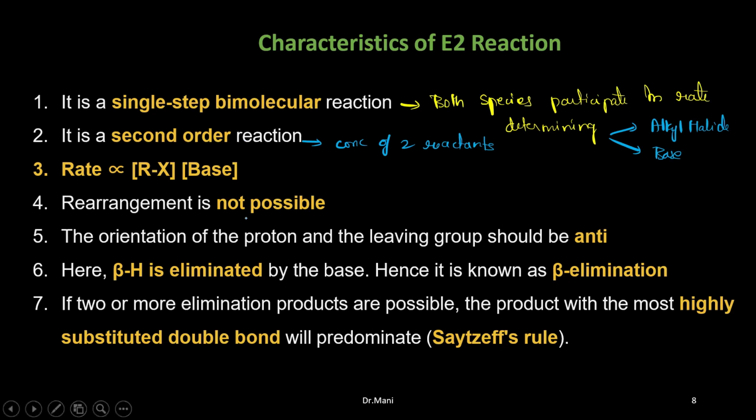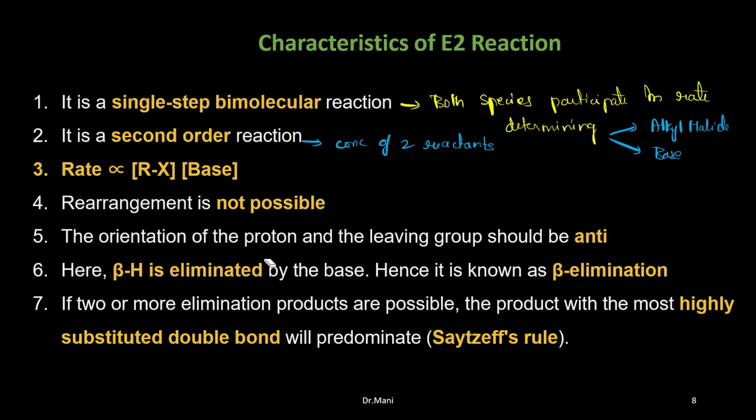We saw in substitution reactions there's inversion and so on, but here no rearrangement is happening. Unlike some other reactions, where to form the tertiary, they shuffle the methyl group or hydride group, that rearrangement is not possible here. They will not undergo any rearrangement during the elimination process.